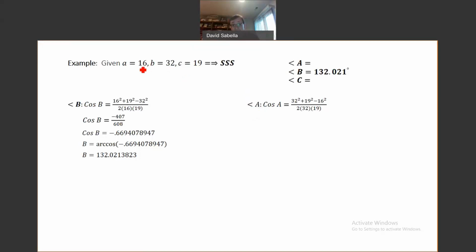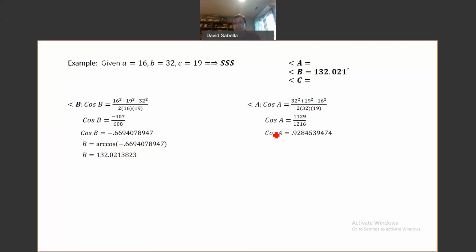because A is the shorter side, although that's not mandatory in this case, especially if you're using the law of cosines. And I plug my values in. If I'm looking for cosine of A, then this becomes B squared plus C squared minus A squared over 2 times B times C. And again, very calculator driven. That gives me 1129 over 1216.